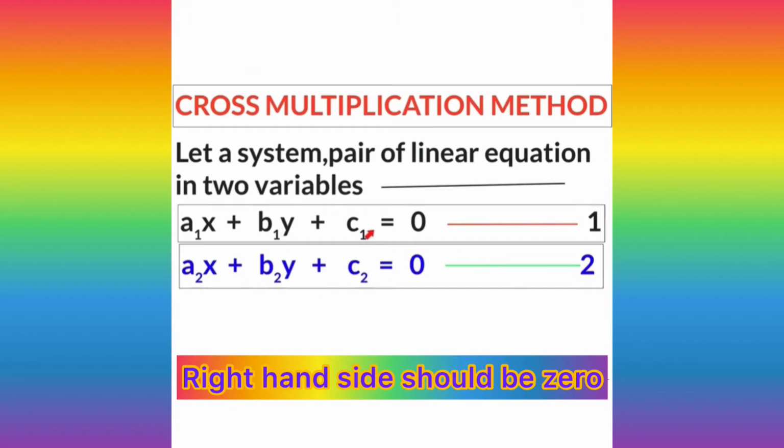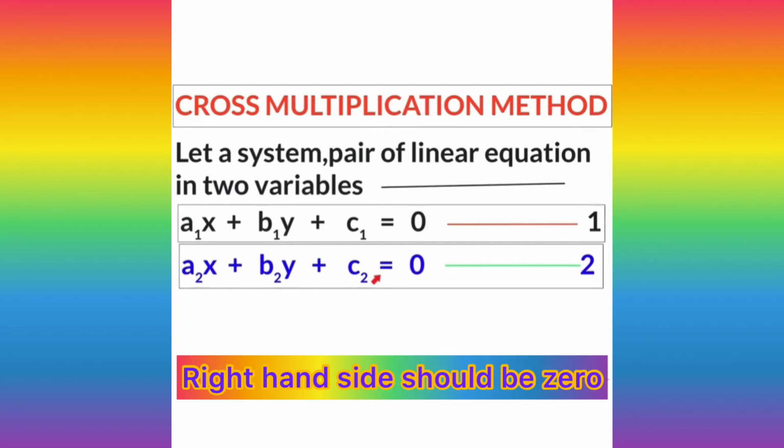Dear, here you should remember that the equations should be in the standard form, that is a1x plus b1y plus c1 equal to 0, meaning the right hand side should always be 0 for the cross multiplication method.